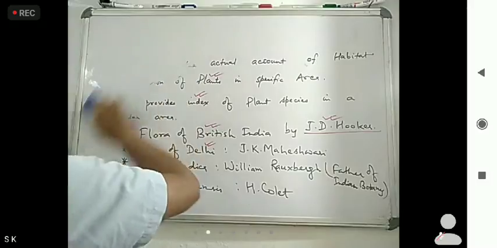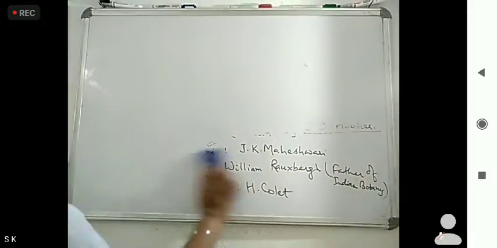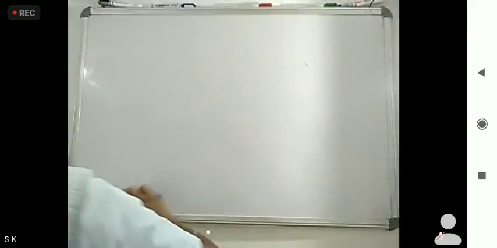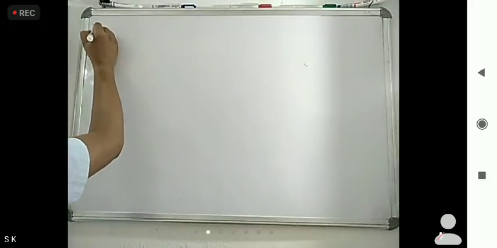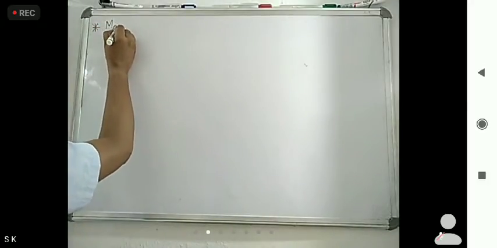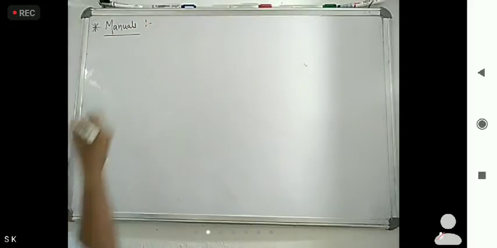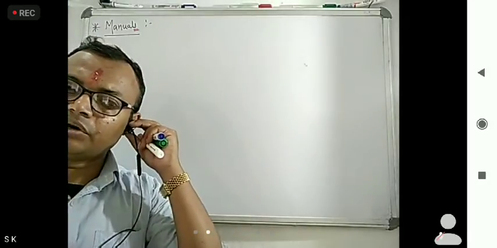Next taxonomic aid is manuals. Now here you have to see one alphabet came in manuals. What came? S. So you have to remember this: flora, what do we remember?